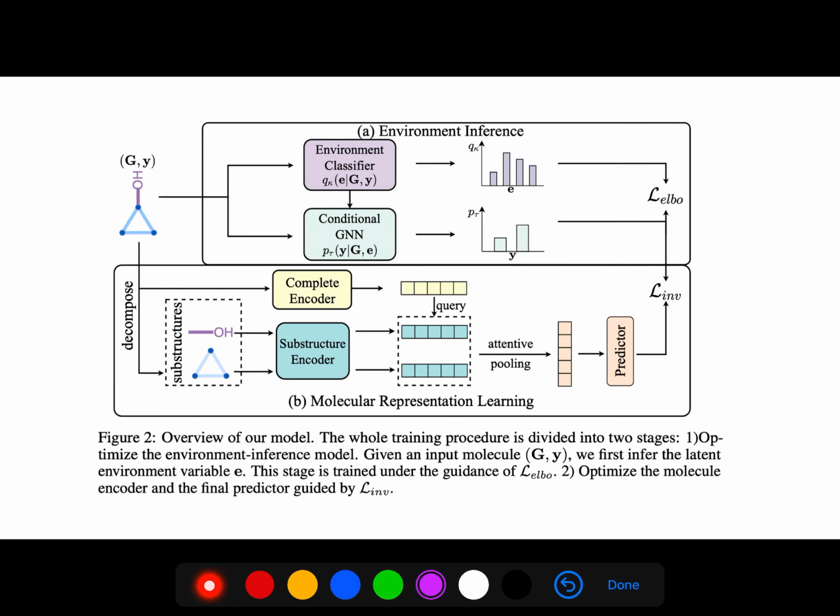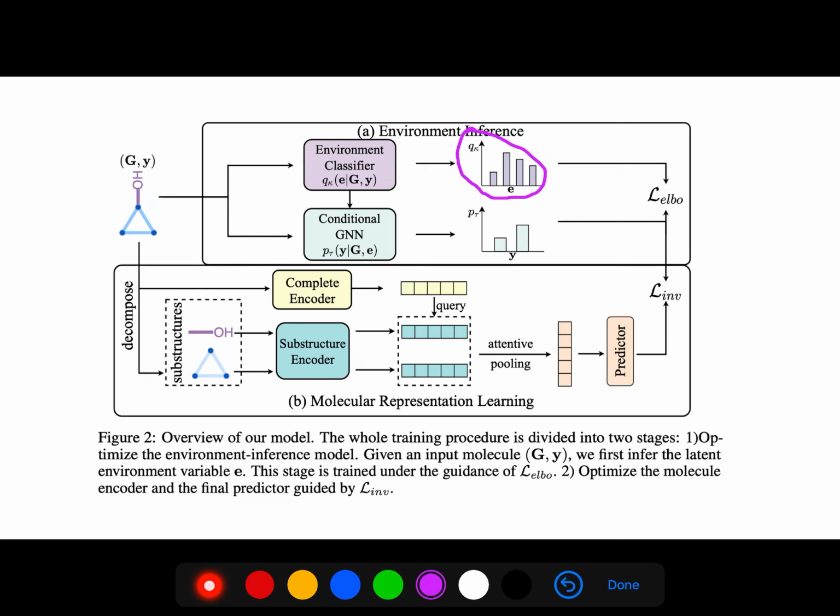The whole training procedure is divided into two stages. We optimize the environment inference model given an input molecule G. We first infer the latent variable, environment variable E. So we want to infer the distribution over this environment.